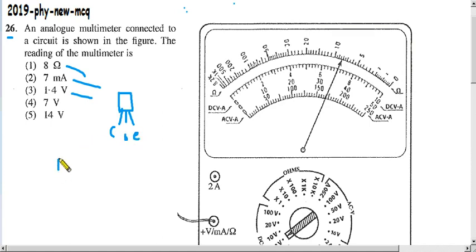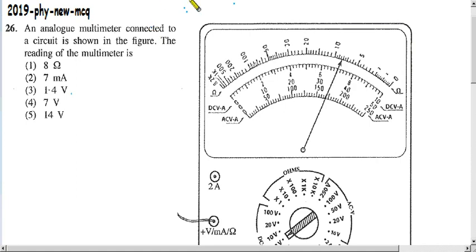Then you can identify the terminals of a diode: cathode, anode. And you can identify whether it is a PNP transistor or an NPN transistor. And also whether it is a field effect transistor or a bipolar junction transistor. So there are a lot of applications of this multimeter.